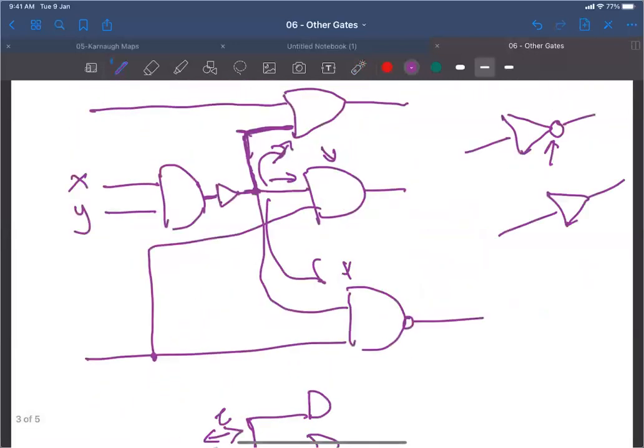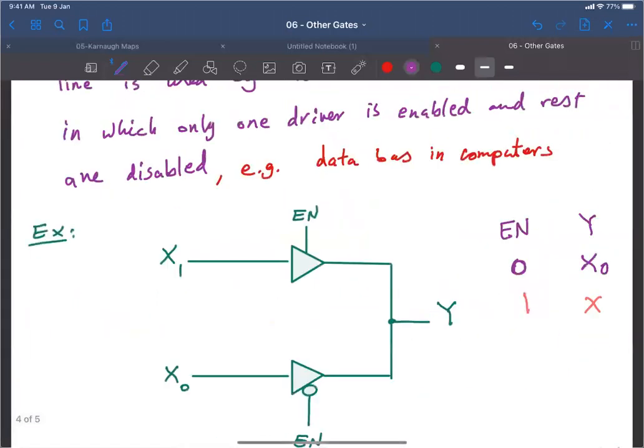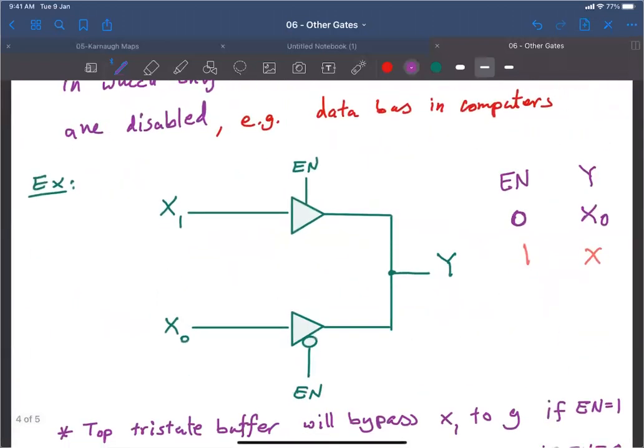So what happens in this connection and this connection? One option is to use tri-state buffers like this. For example, imagine that this bus here is 1 bit and it's called Y. This signal here, for example, is coming from the CPU, and this signal is coming from the memory.